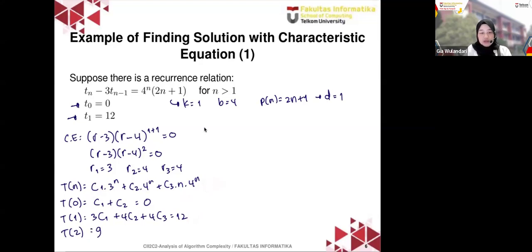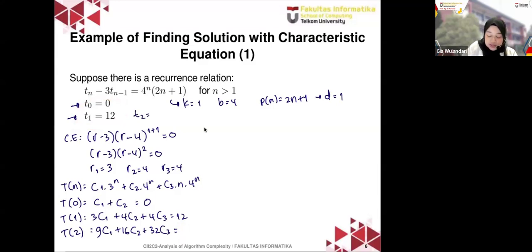If we substitute 2 to n, then we will have 3C1 plus 16C2 plus, it is 2 times 16, which is 32, 32C3. And we still don't know what it is yet based on the information we currently have. So we need to find it. How do we find it?